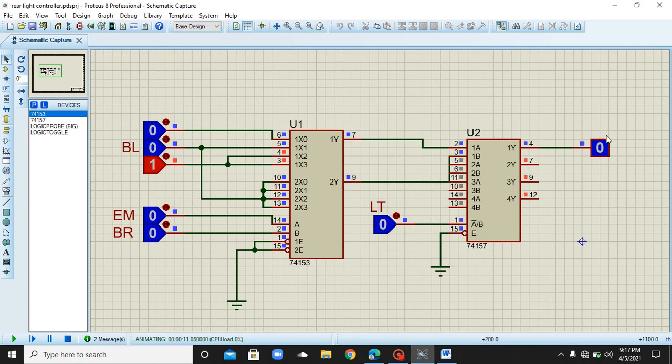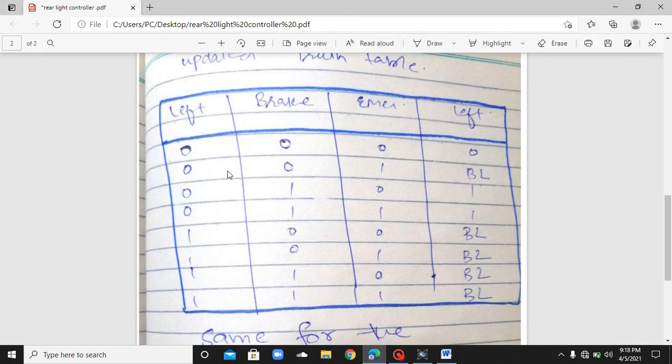This is the left light output. The three inputs are 0, 0 and 0, and the light is at 0 position. The truth table also says that if the left and the brake are at 0 and the emergency light is on, the output will be the BL.